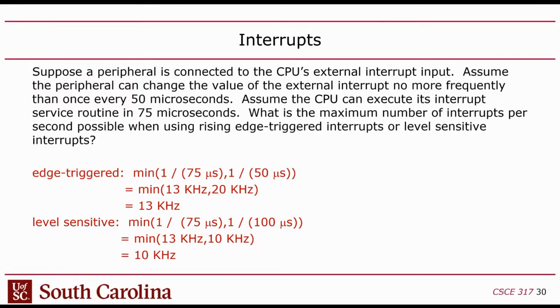Now, for the level sensitive case, because you can only change the interrupt once every 50 microseconds, you would have to change it high, then change it low, then change it high. That would have a period of 100 microseconds.